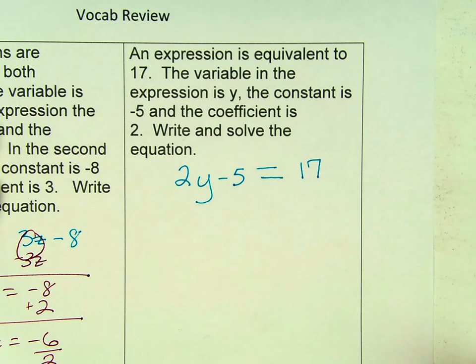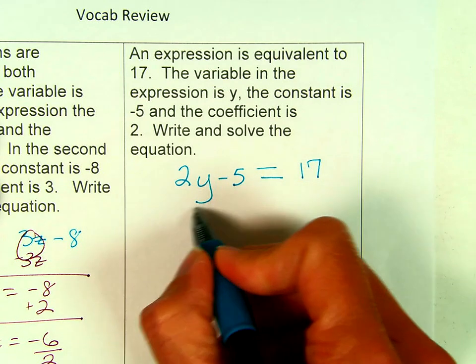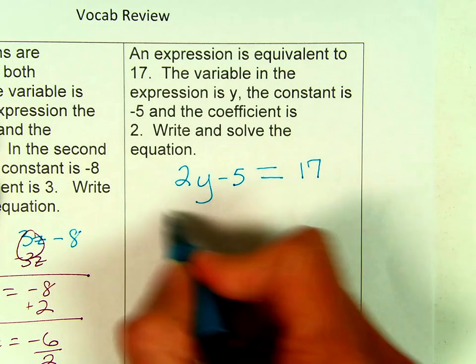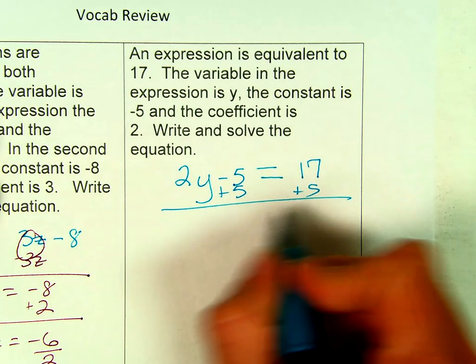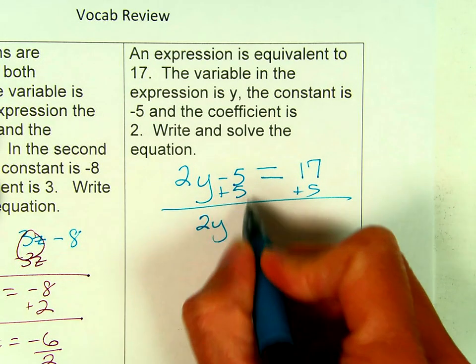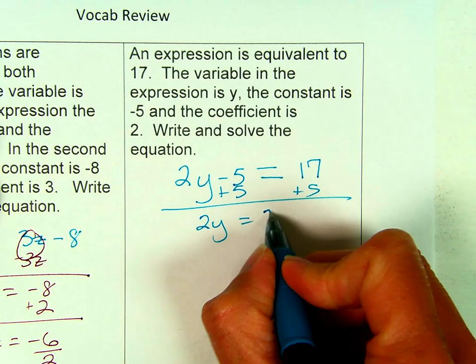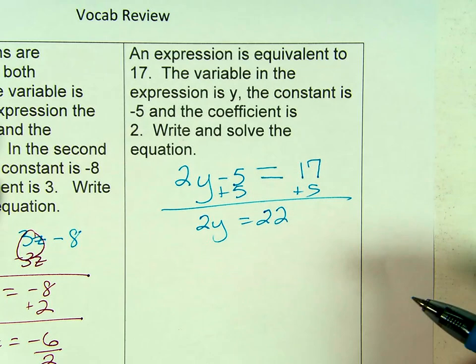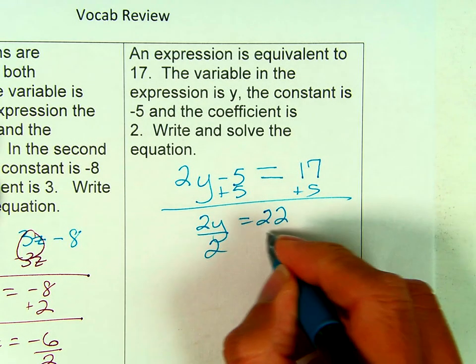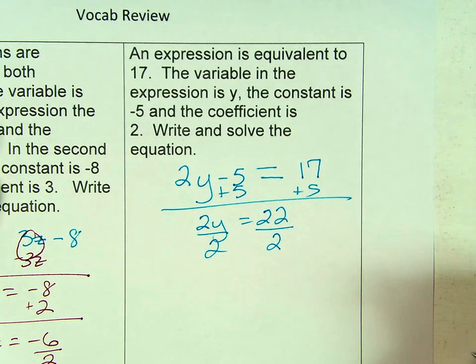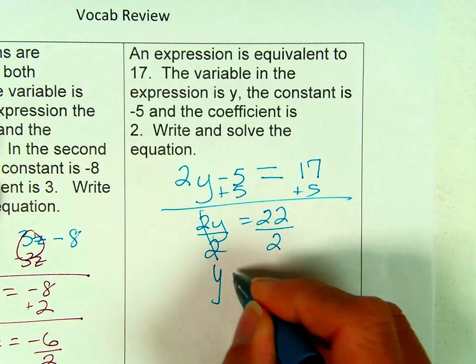So there is my equation, and now I have to solve it because it said write and solve. So that means I need to get the variables alone on one side, which they already are, so I need to get the constants on one side, so that's why I add 5. I do the opposite of the -5. We get 22. And so to get y alone, which is my last step, I divide by 2 and I get y equals 11.